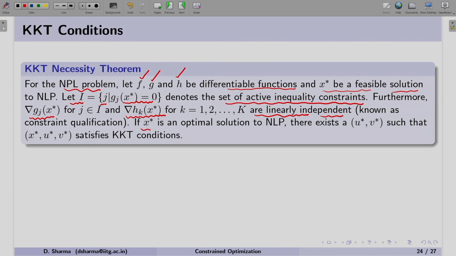In that case, if x star is an optimal solution to the NLP, then there exist u star and v star such that x star, u star, v star satisfy the KKT conditions. So meaning that if we have active inequality constraints and equality constraints, the functions are differentiable, and the gradients of the constraints are linearly independent, then for a given point, say x star, there will be another set of points u star and v star.